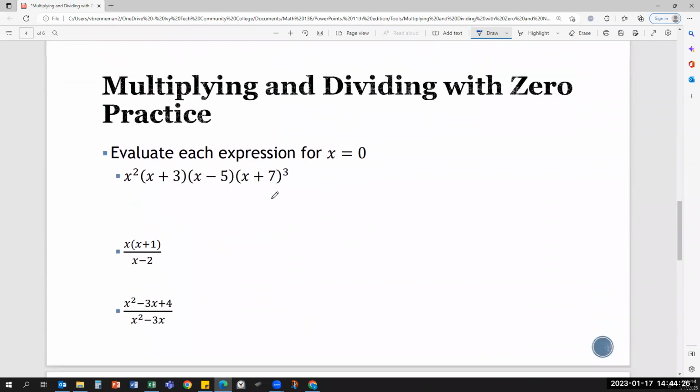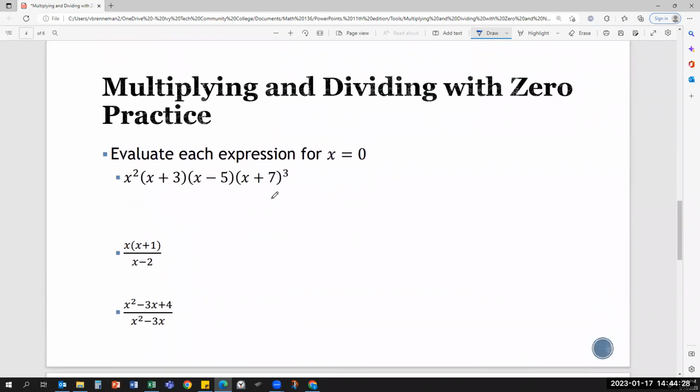So more practice here where we have an expression with x in it and we're thinking about it if we plug 0 in for each x. So 0 plus anything doesn't change it. So when we have x plus stuff, x minus stuff, and we replace that x with 0, you get in the habit of the x just disappears. So we have a 3 and a minus 5 and a 7 getting cubed.